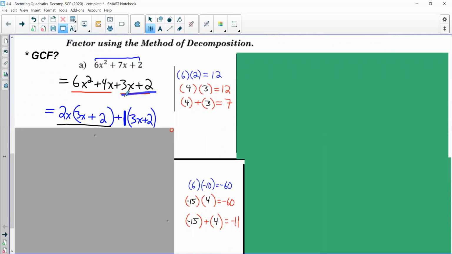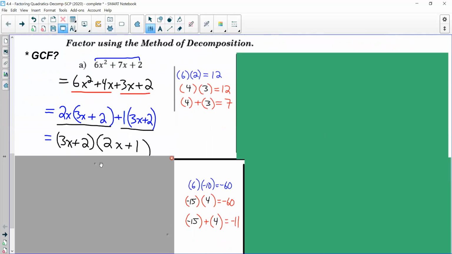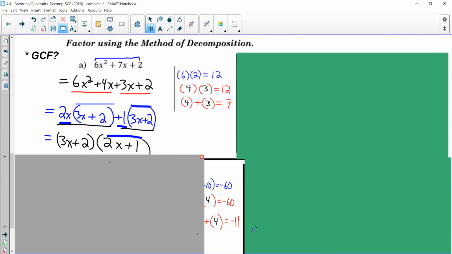So 3x plus 2, if we common factor 1, we now get 3x plus 2 is the common bracketed part, and the remaining leftover piece, 2x plus 1. And that completes that example there.